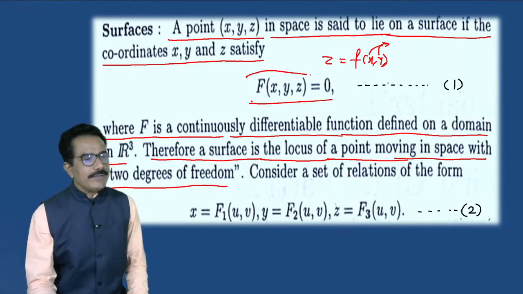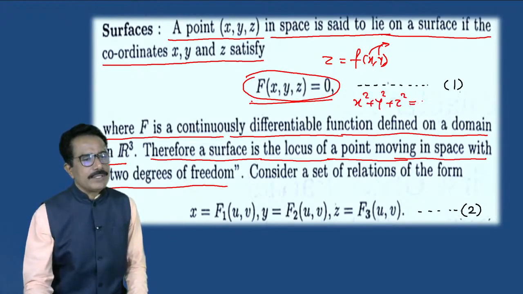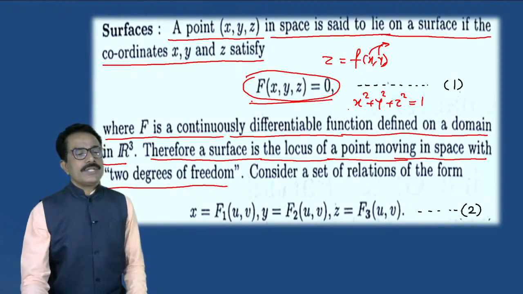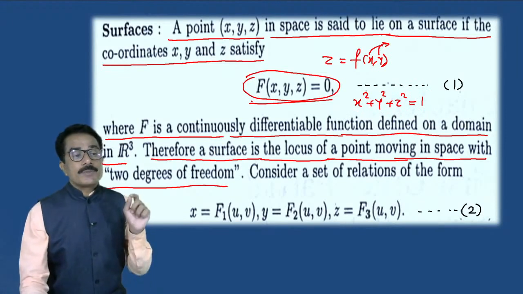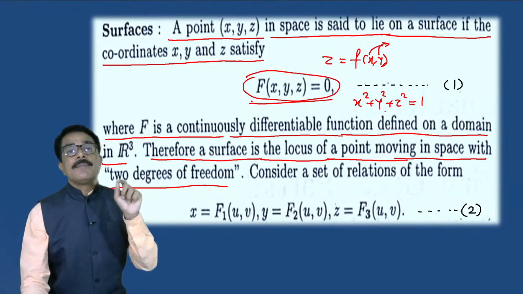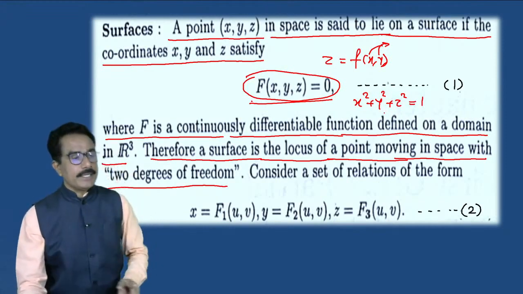If a function is of the form, suppose x square plus y square plus z square equals 1, this is a function of 3-dimensional geometry. We can specify this function by using a minimum of 2 independent variables.